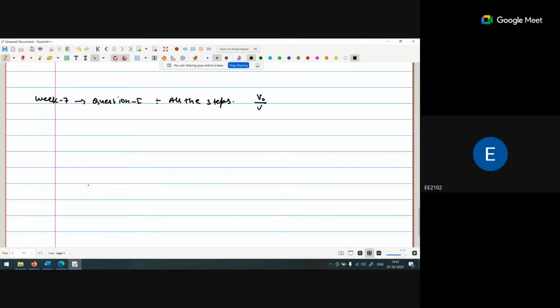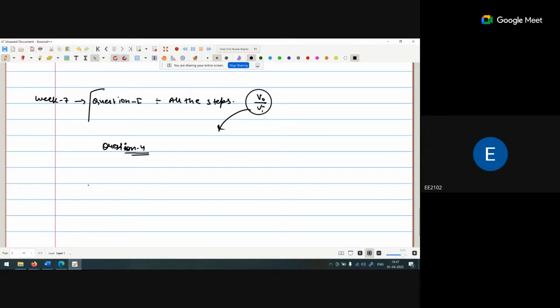We calculate V naught upon Vi, and now I use this formula in question number 4: put the value of R4 and calculate V naught upon Vi. Is it clear? Any doubt in that?